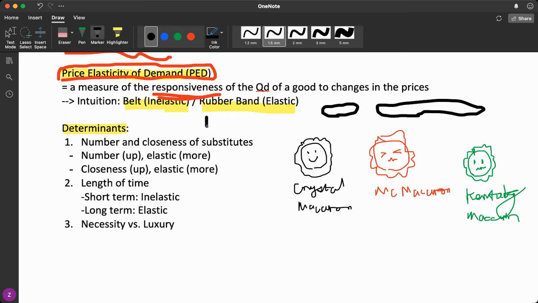No matter how much force I use, its shape will not change, right? So when we consider PED, we can see price as the force and quantity demanded as the shape of the belt or the rubber band. Whether the demand of a good is elastic or not largely depends on whether the quantity demanded can be changed by the price fluctuation. You'll understand what I mean by the end of the video.